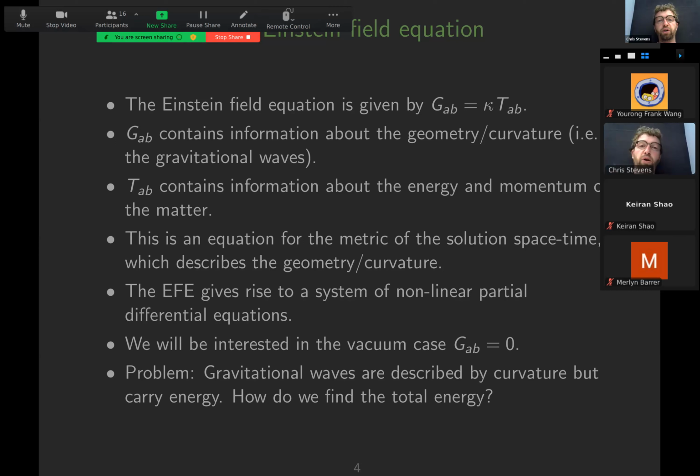This, in general, will become a system of coupled nonlinear PDEs, which are in general very hard to solve. For us, we will be looking at numerical solutions. Exact solutions for the cases that we're interested in are just intractable. Right? So we're also going to be assuming that there is no energy momentum on the right-hand side, so we're in vacuum.